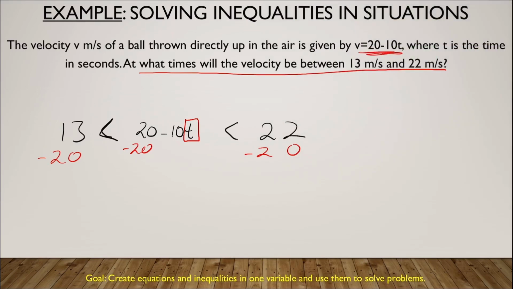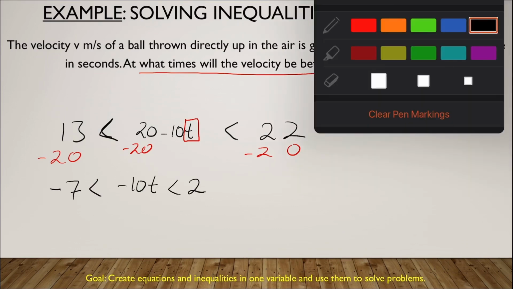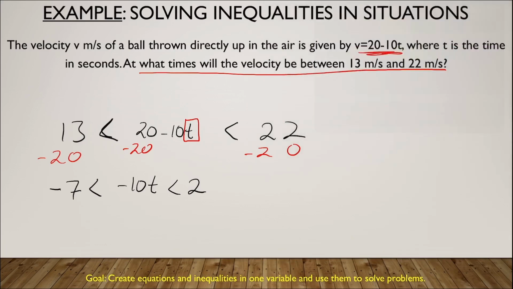Okay, so what I get is negative 7 is less than negative 10t, which is less than 2. Next, I need to divide by negative 10.